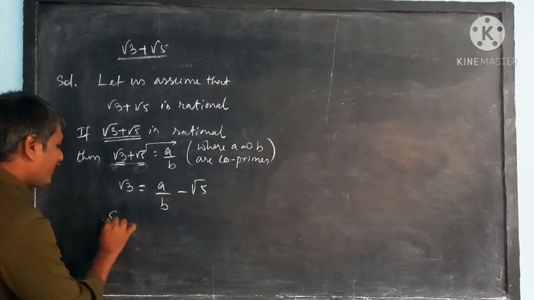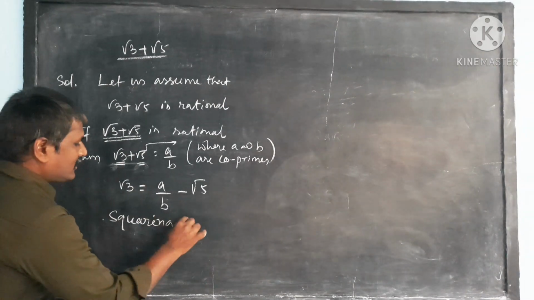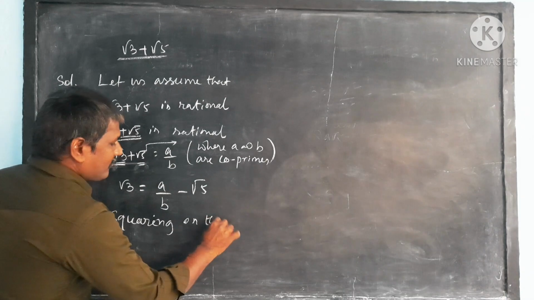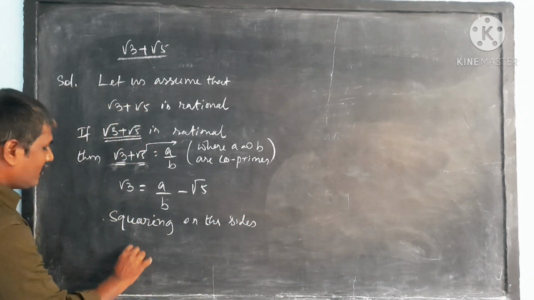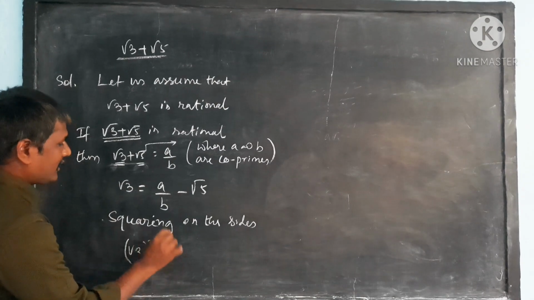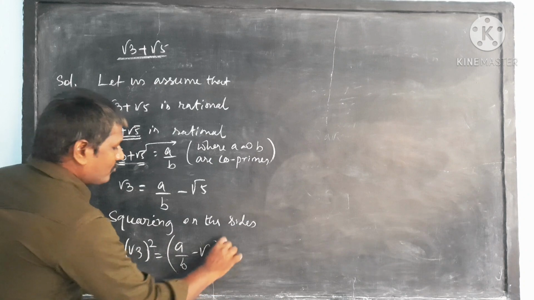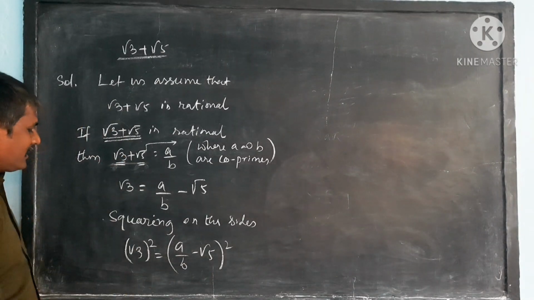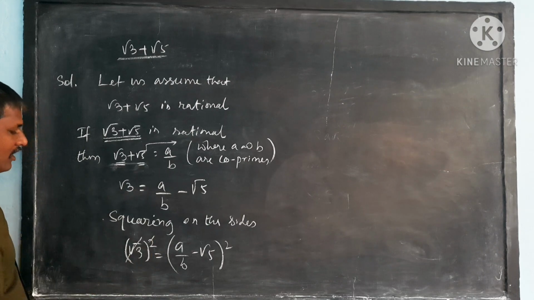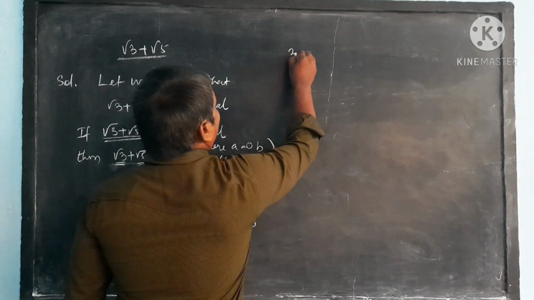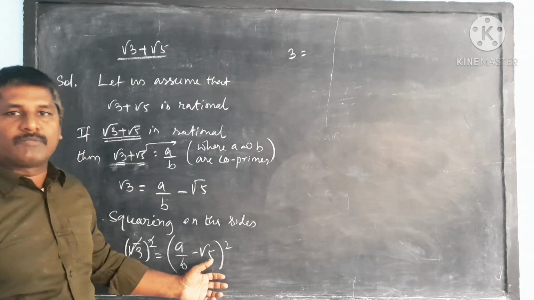Now we can square both sides. After squaring, you can write root 3 whole square is equal to a by b minus root 5 whole square. On the left, the square root and the square cancel, so we get 3 is equal to, now we can apply the formula for a minus b whole square.